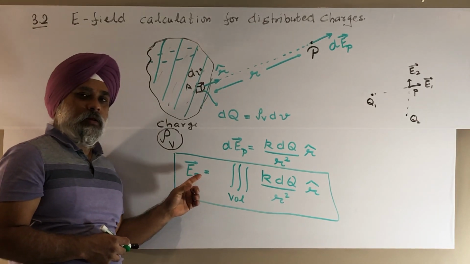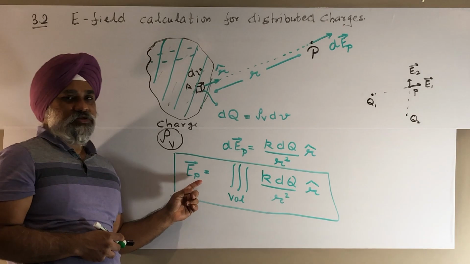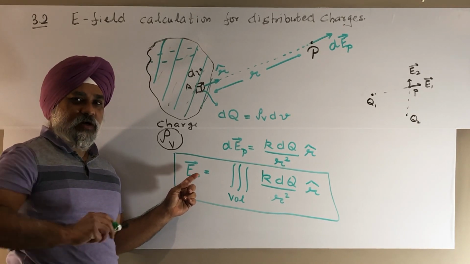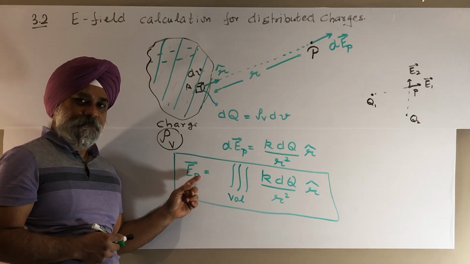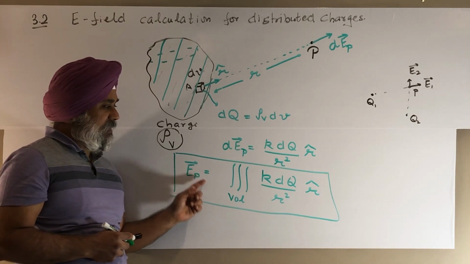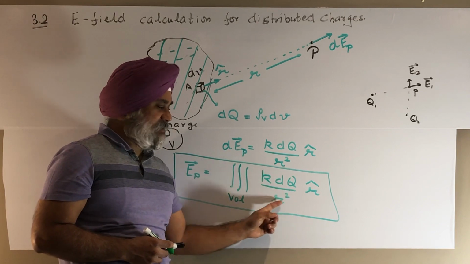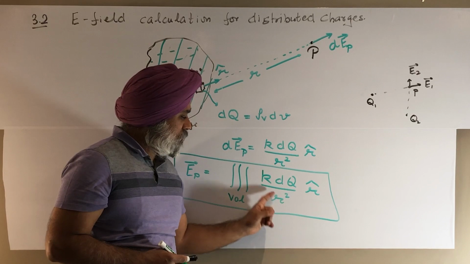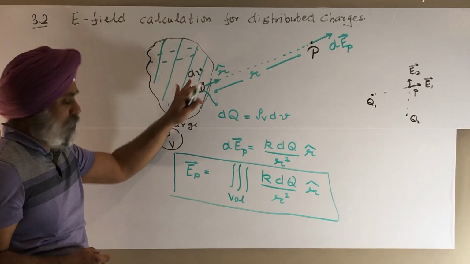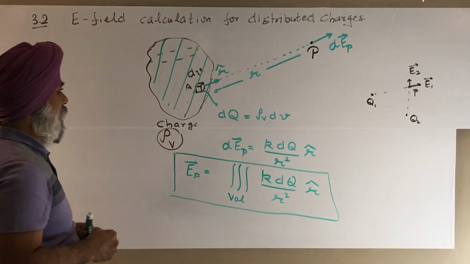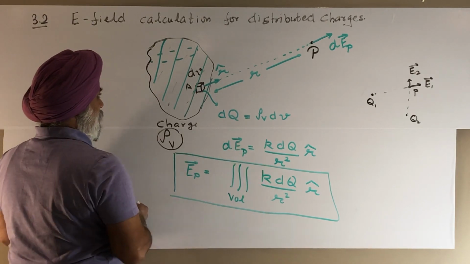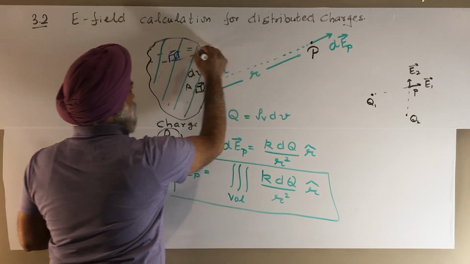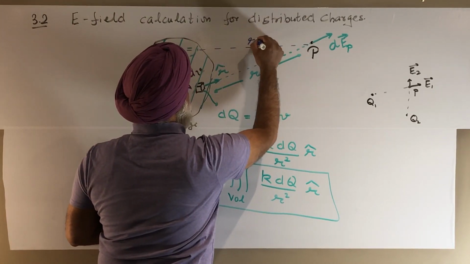This integral is not straightforward at all. This is probably the worst thing you've done in your life yet. This integral is a vector integral. Not only as I go to different points, so let's say A was here, after I am moving in the integral, A goes to another point over here. Does the value of R change?